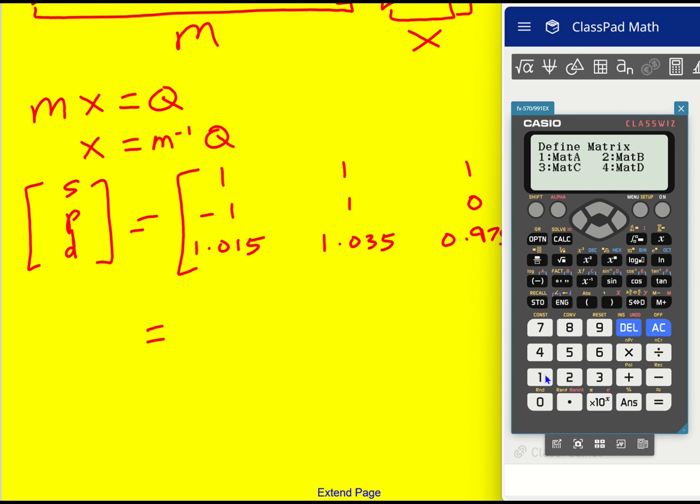So matrix, I'll call it A now. It's going to be 3 by 3, and type in the numbers carefully. Good.